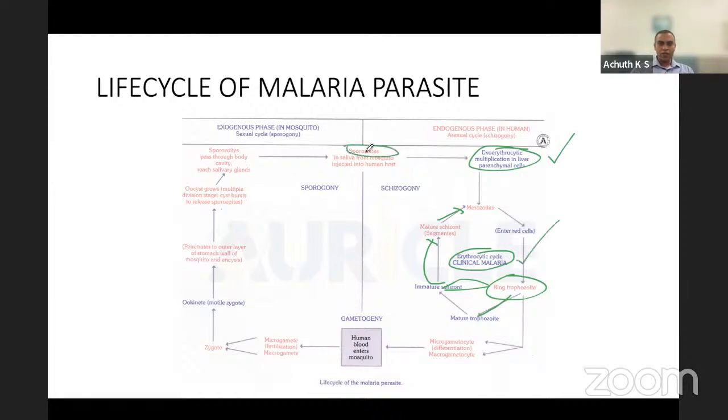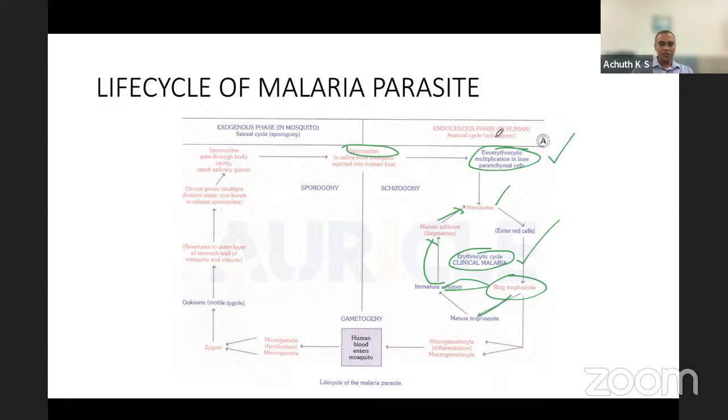When sporozoites are injected into the human body, they enter liver cells, then multiply and become merozoites. These merozoites enter red blood cells and become ring trophozoites. These ring trophozoites again mature into trophozoites. Trophozoites become schizonts. Schizonts mature to become merozoites.